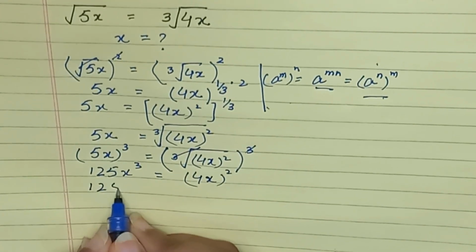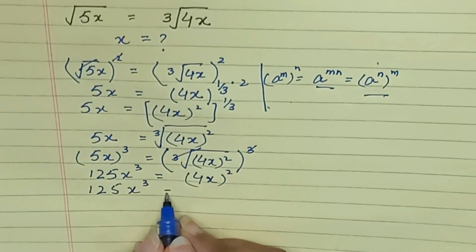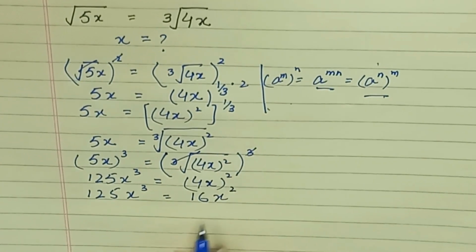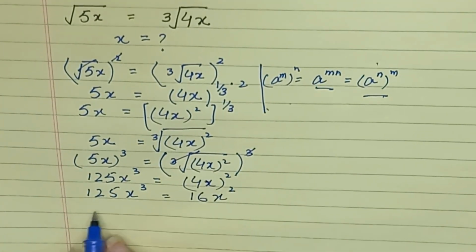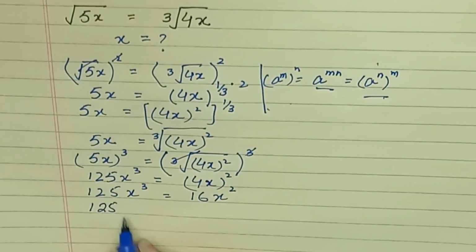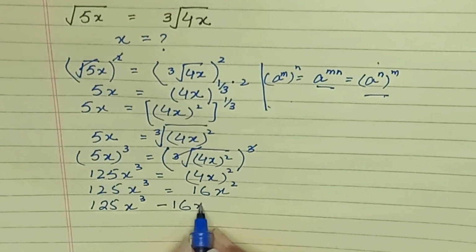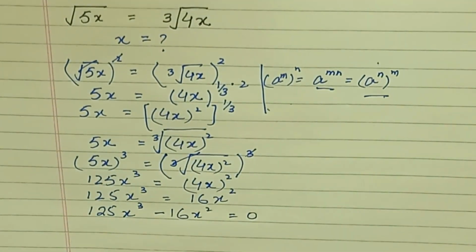So 125x cube is equal to 4 squared means 16 and x squared means x square. So from here we can write it as 125x cube minus 16x square which is equal to 0.